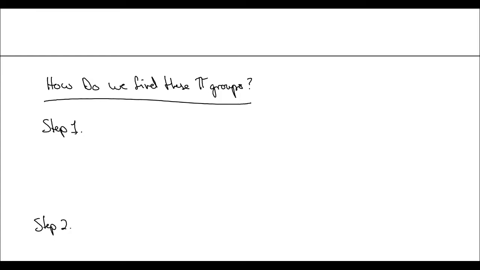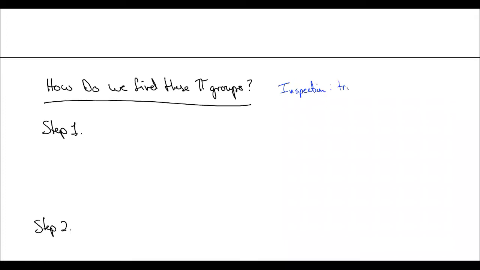One way we could do this is what we call through inspection, which basically means trial and error. And if you've done this for years, you can actually become quite good at it.